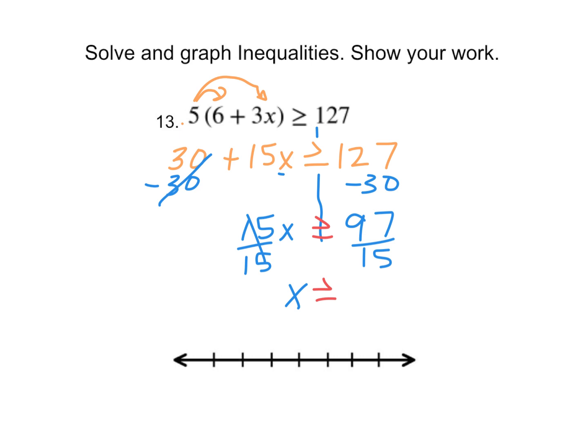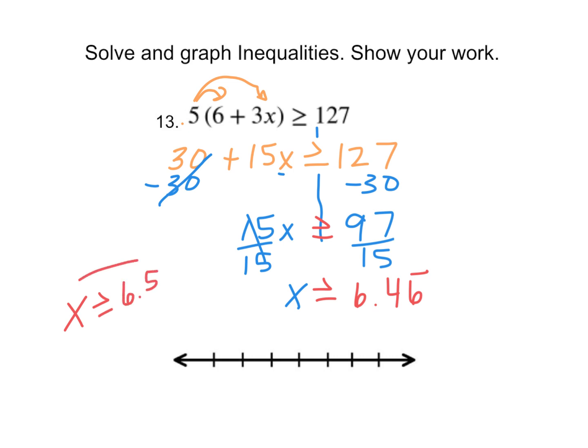Now this doesn't come out perfect because I've got some odd numbers here. So 97 divided by 15, I get 6.46 repeating. I'm going to go ahead and just round that to 6.5. So let's say that x is greater than or equal to 6.5.